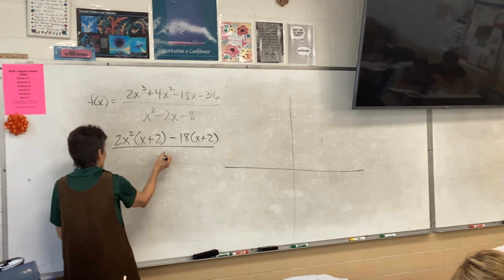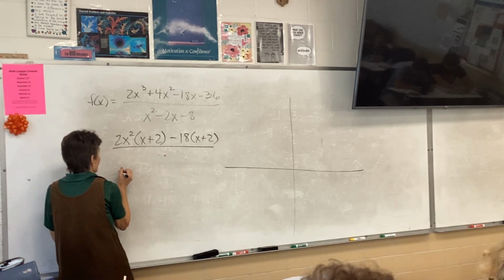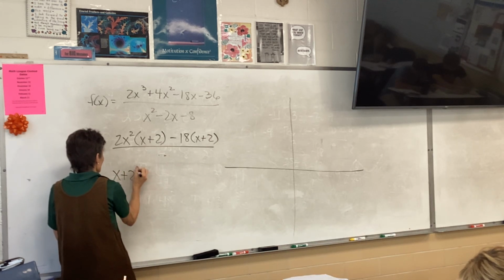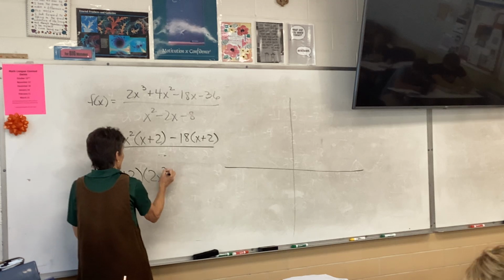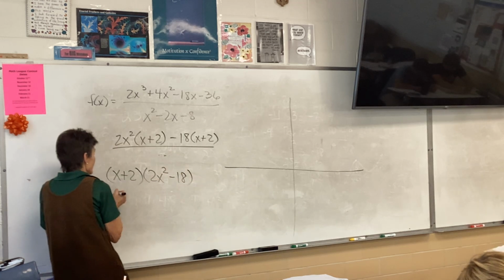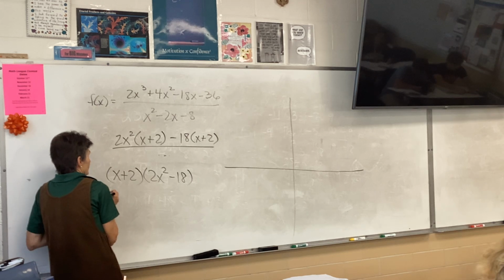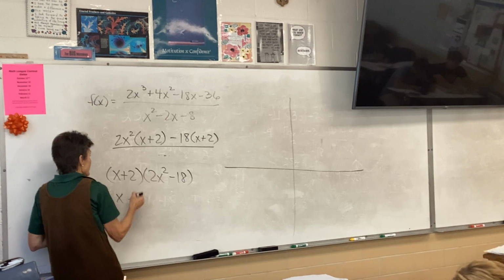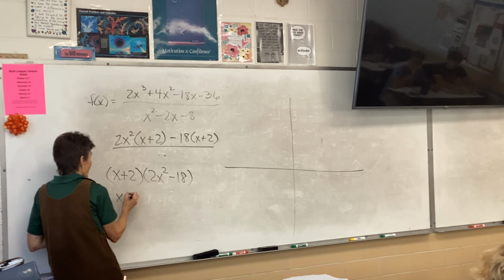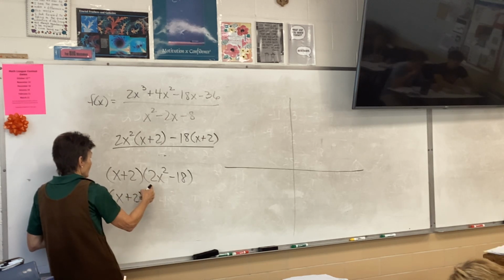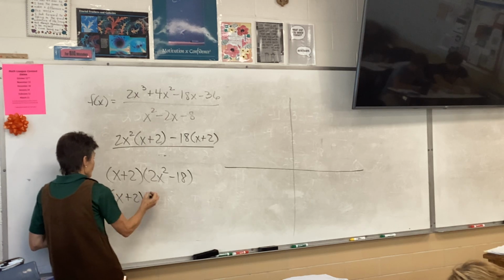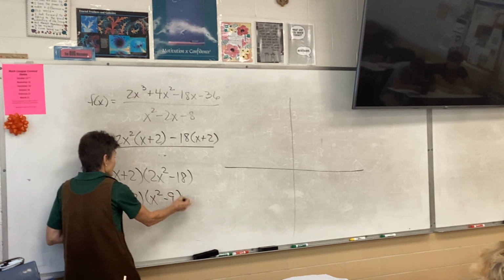So I'm going to do my denominator in a minute. That'll be x plus 2, 2x squared minus 18, and then what? Minus 4. Yeah, I'm doing the top still. I can go farther with that, right? I can take out a 2 and be left with x squared minus 9.